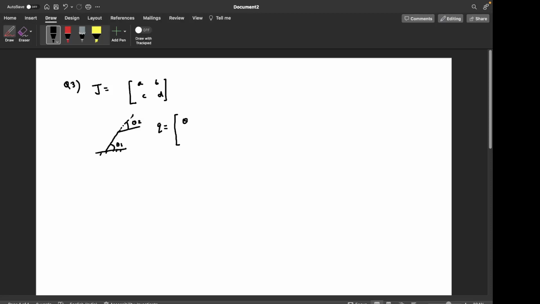So Q is the vector of joint angles theta 1 and theta 2, and if we want to know the position of the end effector, this is the end effector, let's say P. The position of P you can find by multiplying the Jacobian with the joint angles.